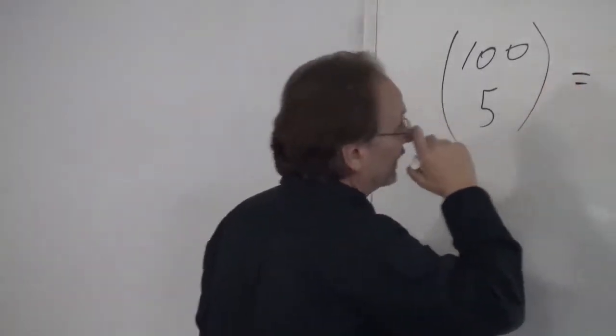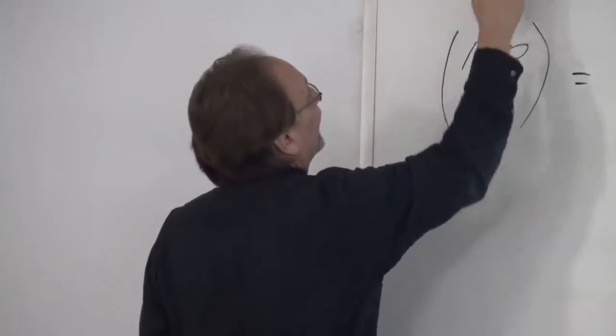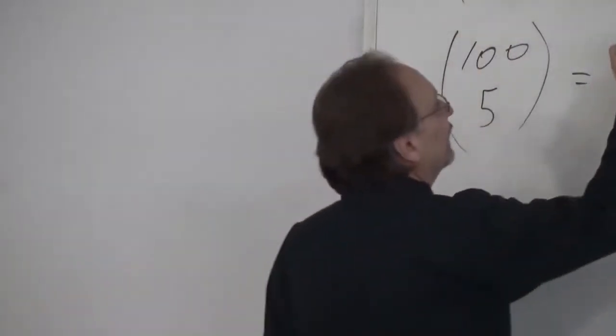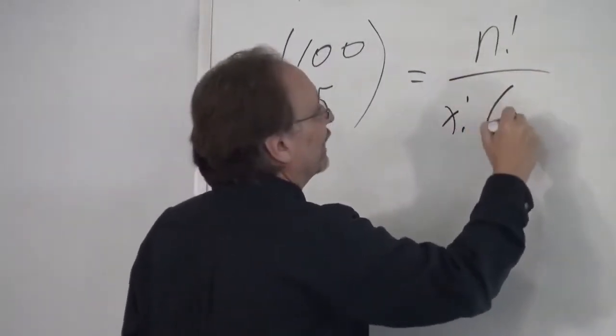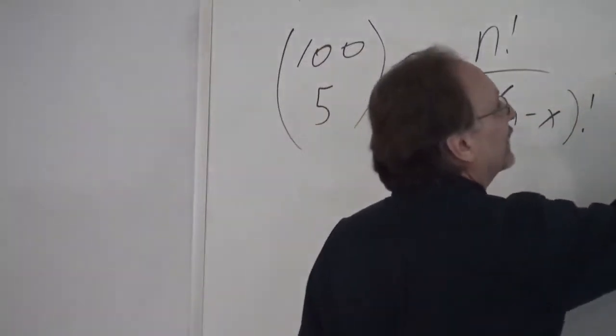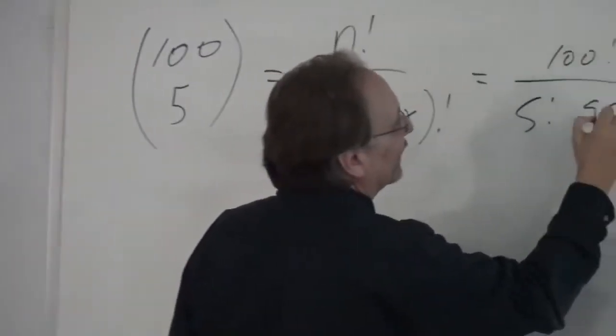Remember that's n objects, x is the usual nomenclature. So this would be n factorial over x factorial times n minus x factorial. So that would be 100 factorial over 5 factorial and 95 factorial.